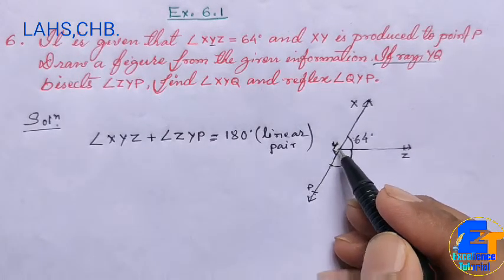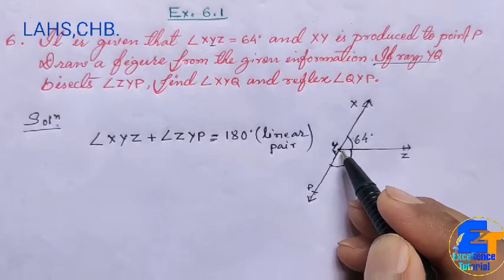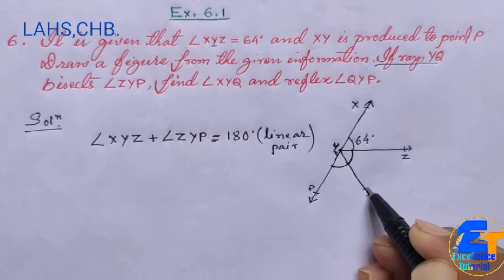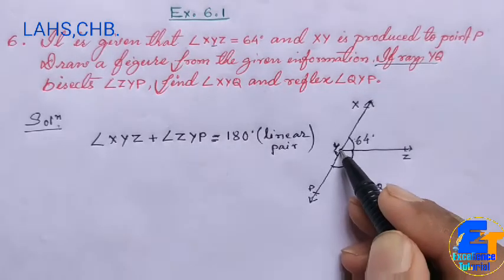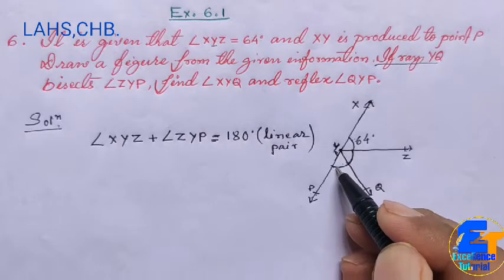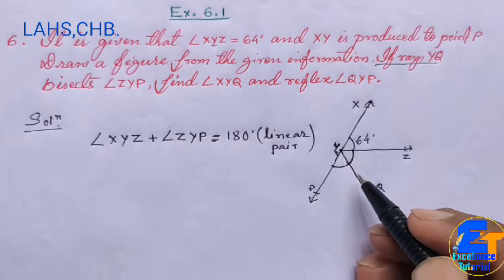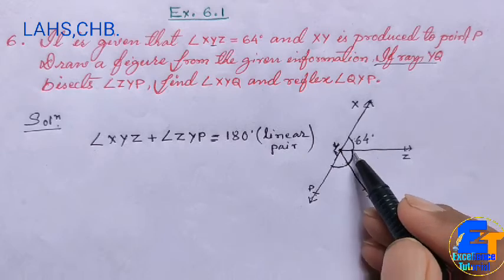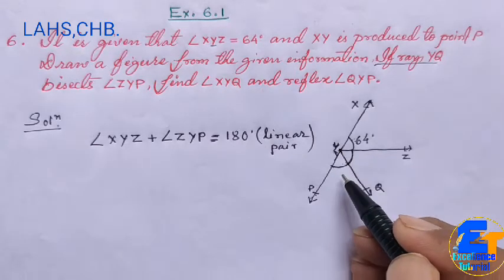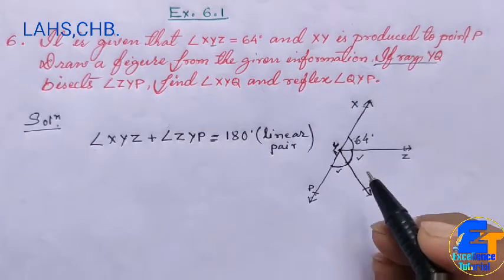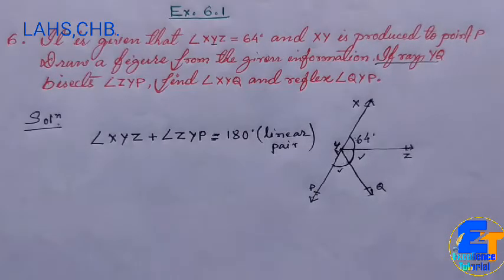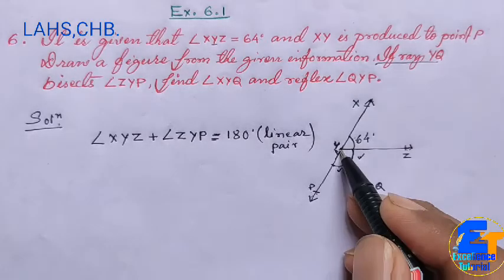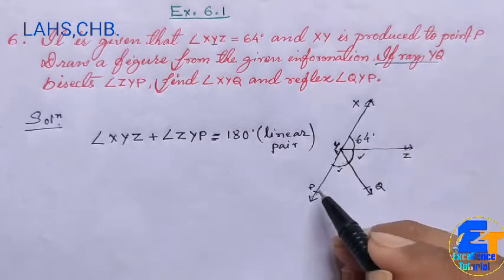Letter Y is here, so we draw an angle bisector in this way, YQ. Remember, YQ is the angle bisector of this angle. When we draw an angle bisector, it bisects the whole angle into two equal parts. That means this angle will be equal to this. So we can write these two angles are equal. Why? Because YQ is the angle bisector of angle ZYP.